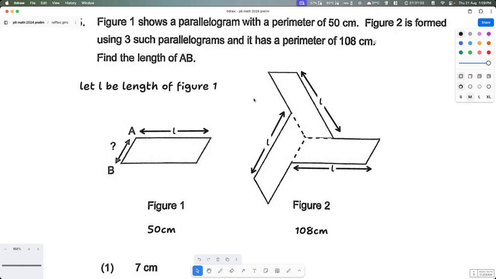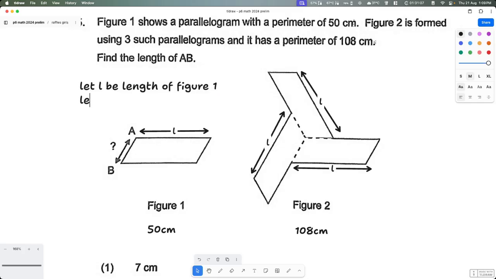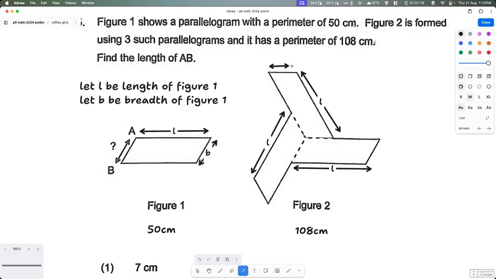We have 3 L's. And let B be the breadth of figure 1. So this is B, this is B, and this is B.